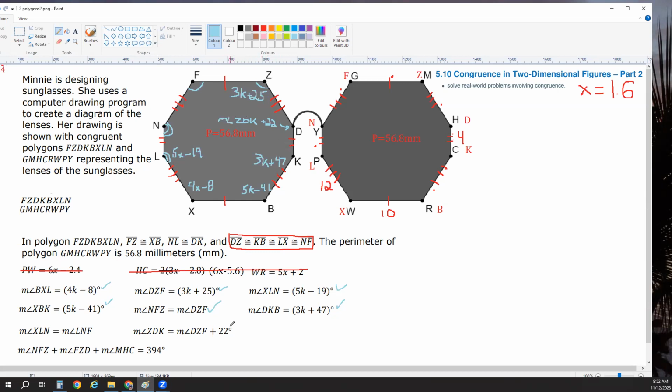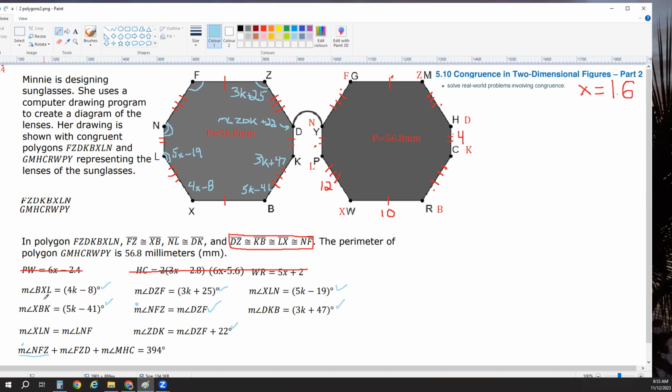Right, and then we have this last one, this angle. This one is ZDF and NZF, where's NZF? Okay, NZF, just do a dot. FZD. Let's see FZD up here.